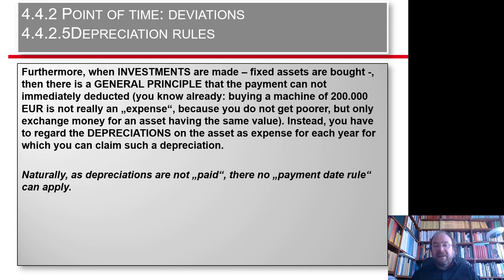So low value assets usually are regarded as expense immediately. That's somewhere in the depreciation rules and valuation rules. You will come across that later in the course of your studies. But when you buy something which has a considerable value, let's say more than €800, you will probably have to depreciate the amount over time.